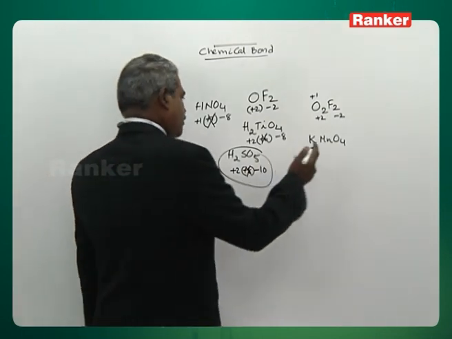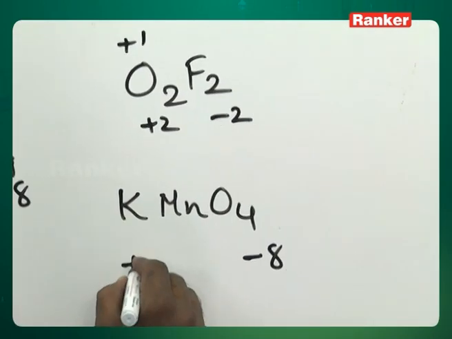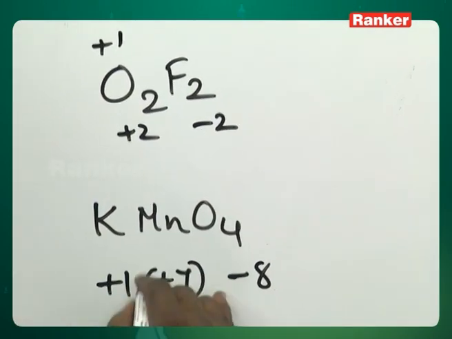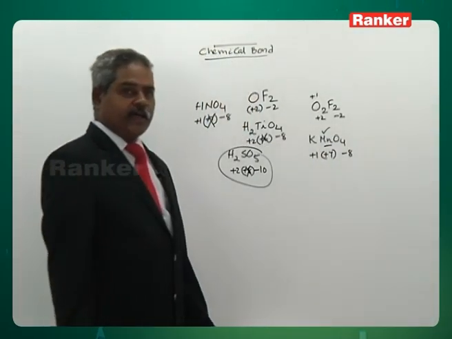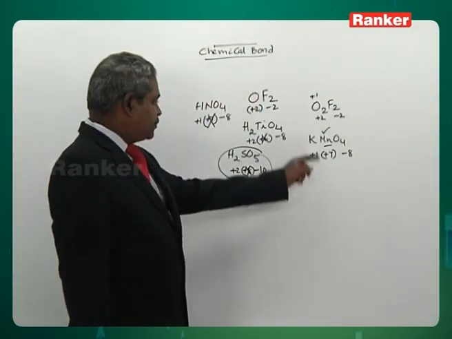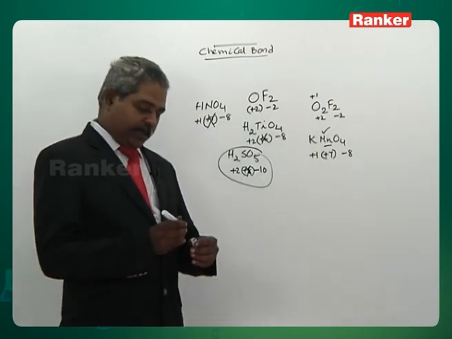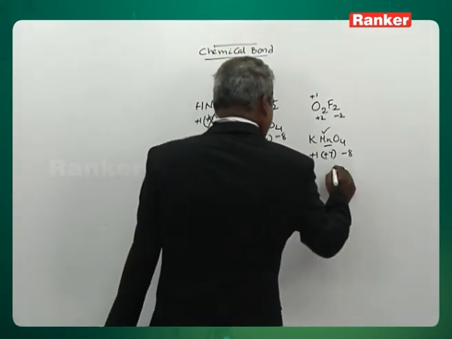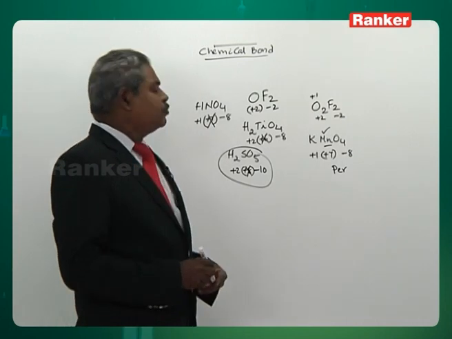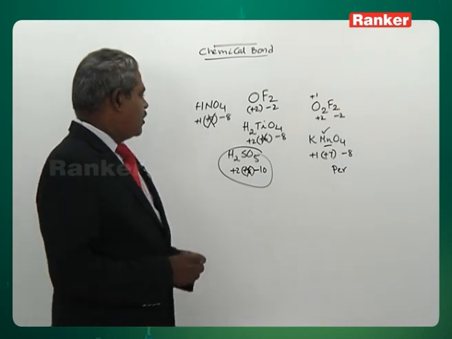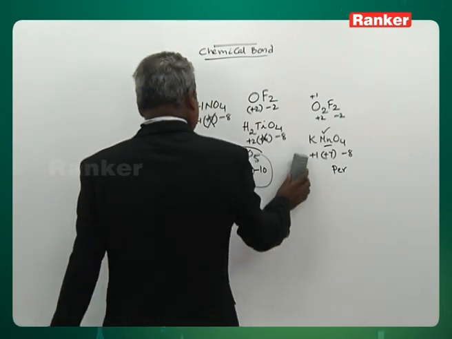For example, KMnO4: minus 8, potassium fixed plus 1, manganese plus 7. For manganese plus 7 there is no problem, manganese can take as high as plus 7. Therefore, this is potassium permanganate. There is the sound per in this, but it does not have a peroxy bond. Here per stands for too many oxygens.